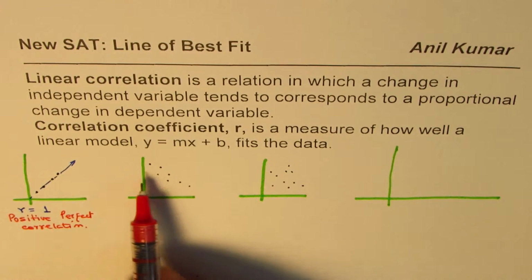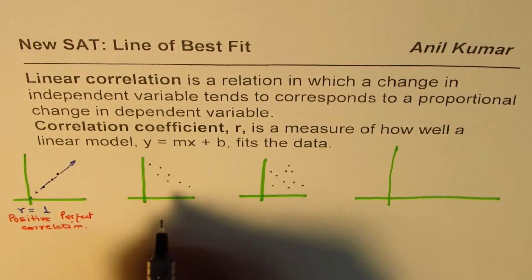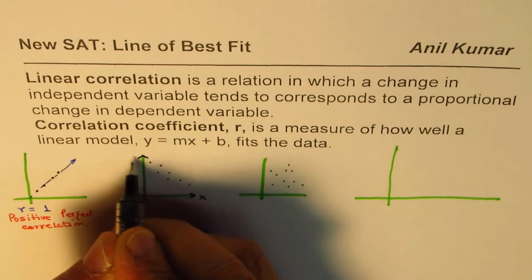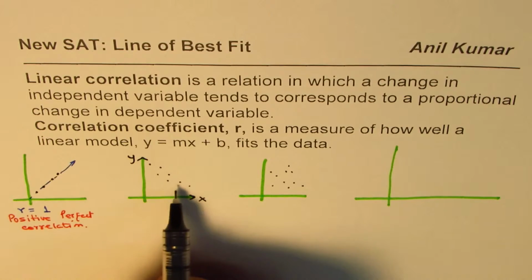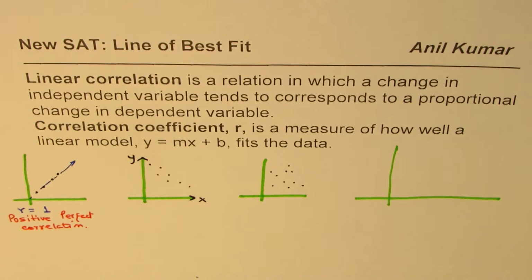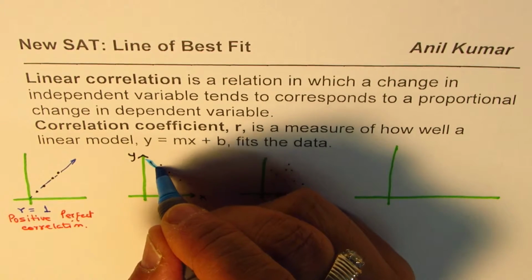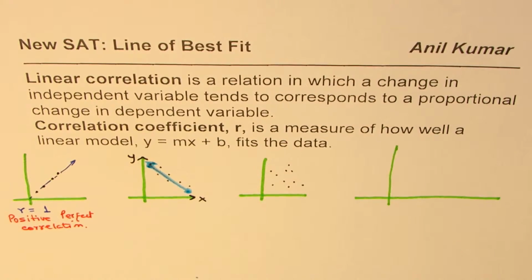Now if you have data points like this, where the independent variables along the x-axis and the dependent variables along the y-axis are kind of jumbled up, but you could have a straight line where the mean distance is almost the same from the line. So this is the line of best fit.